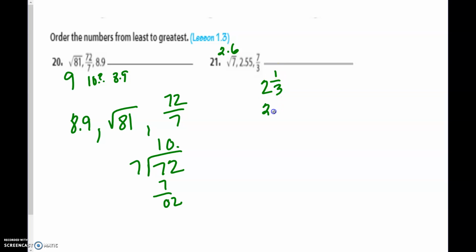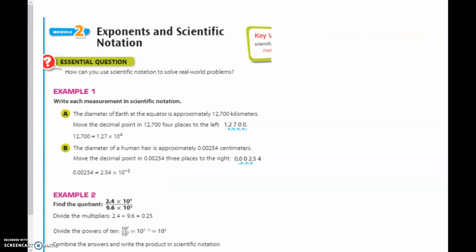So this is 2.3 repeating. So let's see, 2.3, 2.5, 2.6. So it looks like they might be just backwards here. So 7/3 is the smallest, then 2.55, and then the biggest number there is the square root of 7, because that's going to be 2.6.